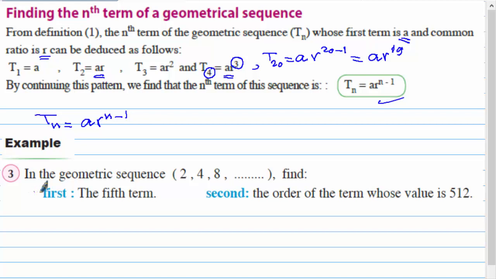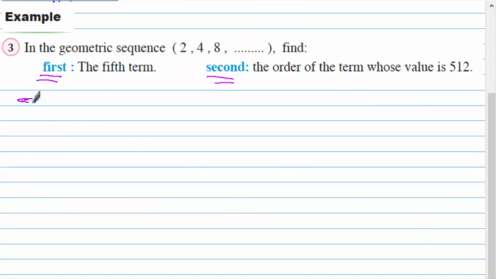Example 3: in the geometric sequence 2, 4, 8, and so on, find first the fifth term, and second, the order of the term whose value is 512. Solution. Here we have the geometric sequence 2, 4, 8, and so on.